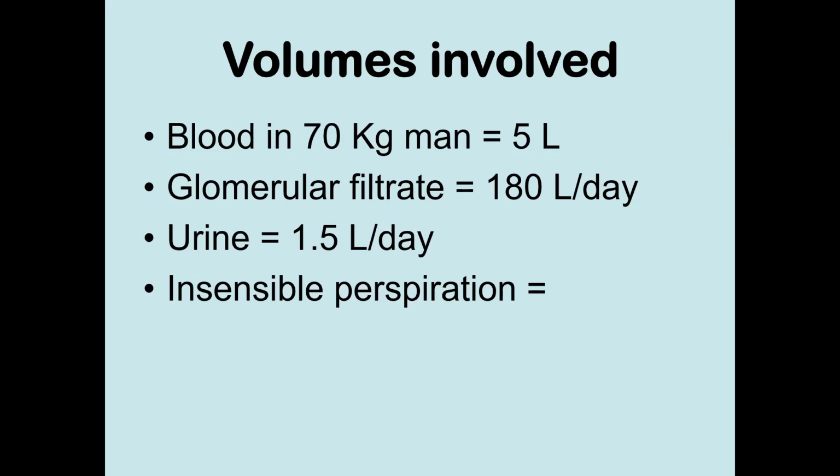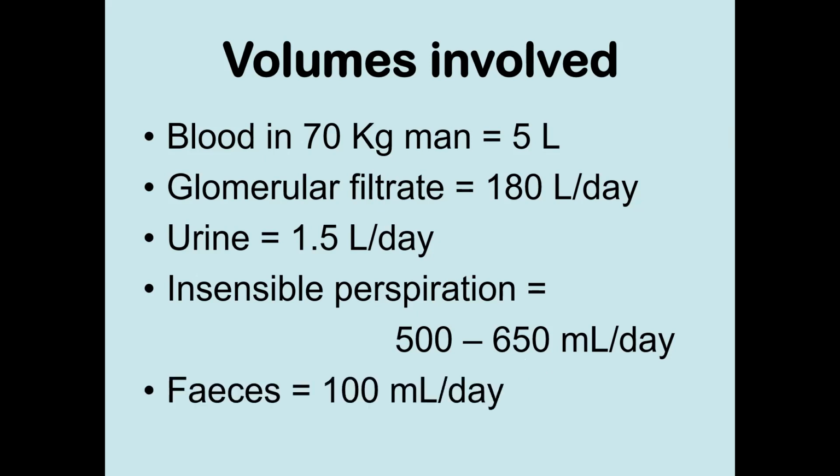Your skin's losing water all the time, constantly. So it's not sweat. It doesn't come through the sweat glands. It comes through the skin, and we lose 0.5 liter, maybe a bit more a day. In feces, if it's normal sort of feces, about 100 ml a day.